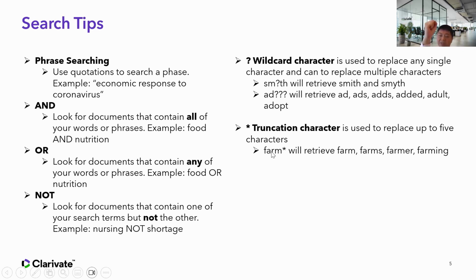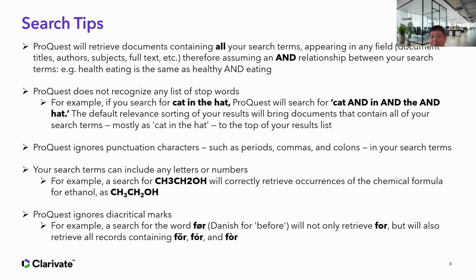In this case, that's for ProQuest; some databases only retrieve contents with farm and farm only. But if you put an asterisk at the end, basically it starts with farm. So it gets farms, farmer, farming, right? If you put an asterisk after relationship, relational, it captures everything. That's the truncation character, the asterisk.